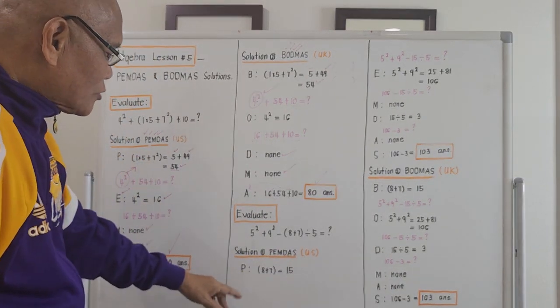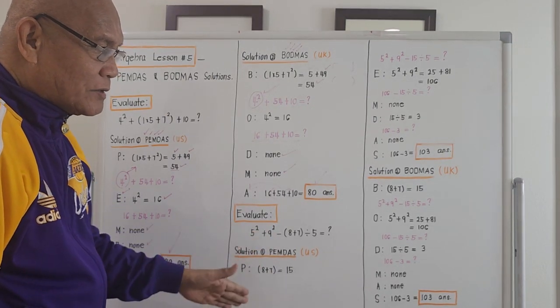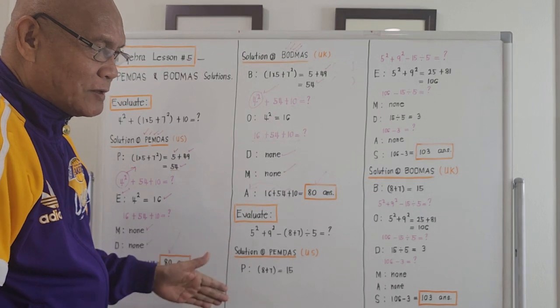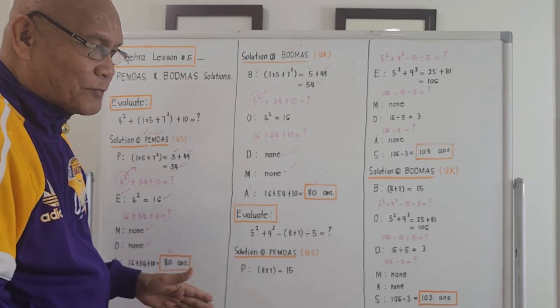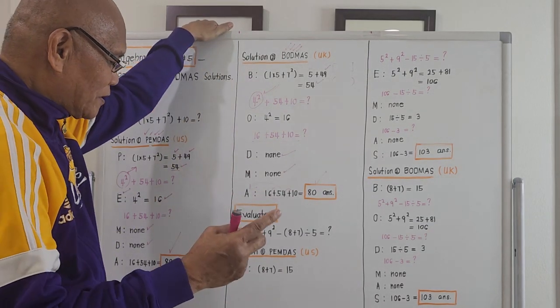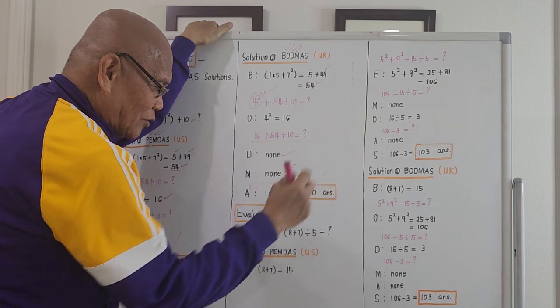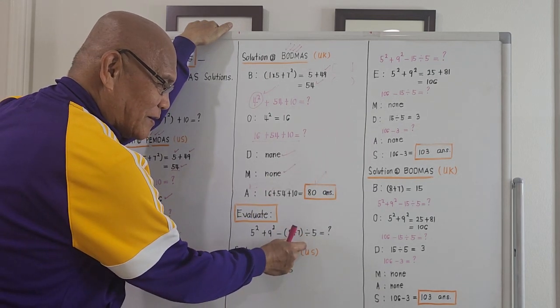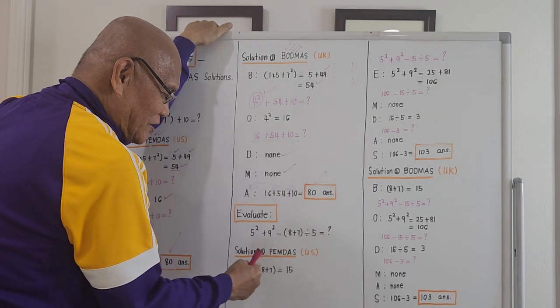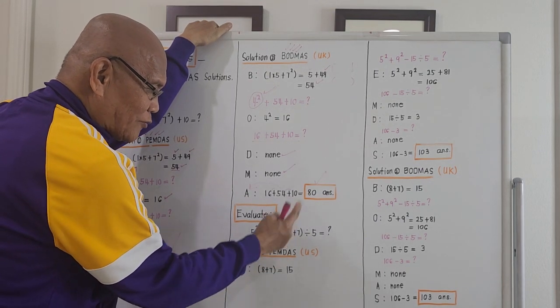So under PEMDAS, we will start with P. So all the terms with the quantity or bracket should be the first priority to be evaluated. If we inspect the given mathematical expression, this is with the quantity, it's synonymous to bracket, right? This is parenthesis, okay? So this one is the first priority to be evaluated.